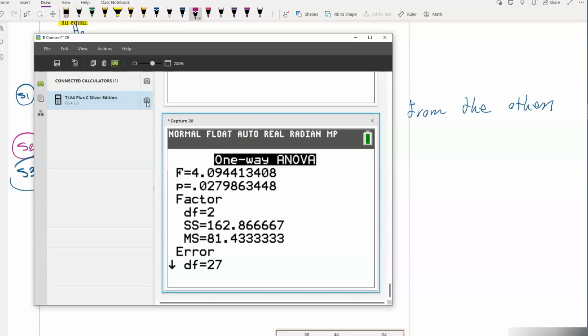And here is the answer. We have F, we have P. So I'm going to round F to 2 decimal places. The answer is 4.09, and our P value, rounding to, let's say, 3 decimal places, 0.028.